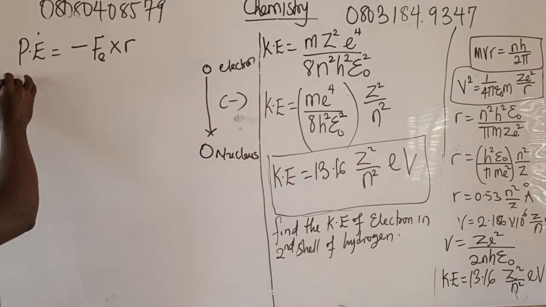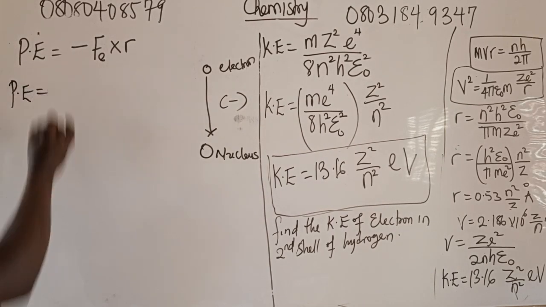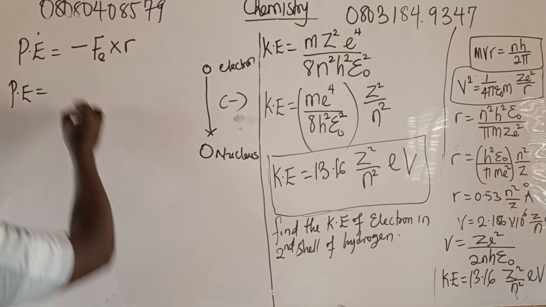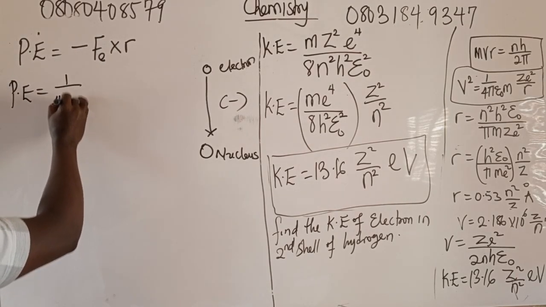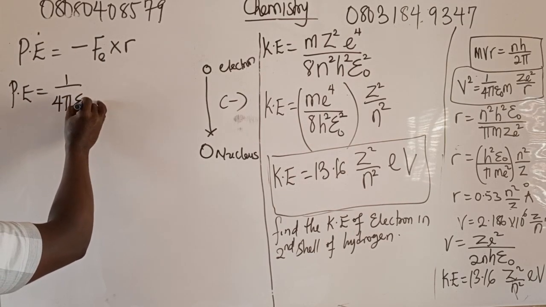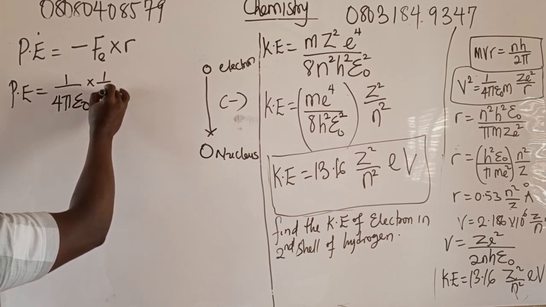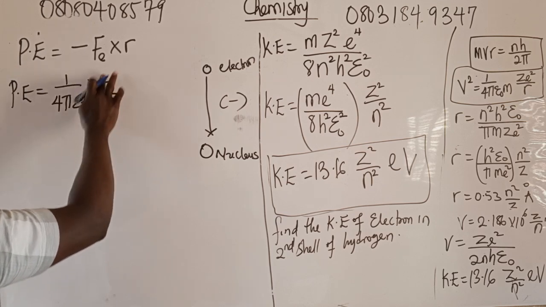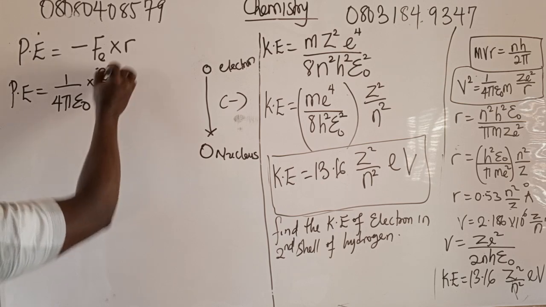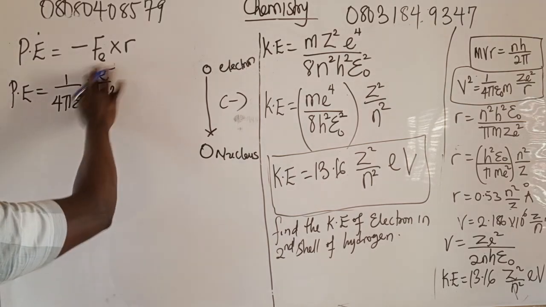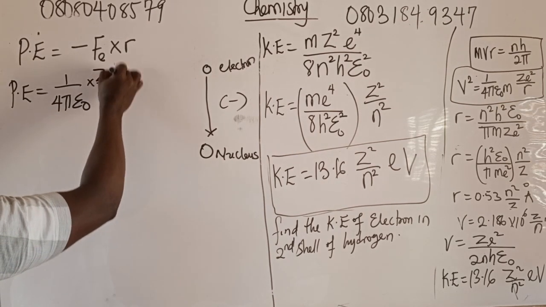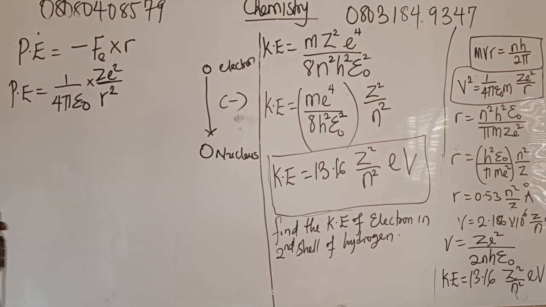And what is electrostatic force? From Coulomb's law, it says 1 over 4 pi epsilon naught times e square over r square. Don't forget, I gave you Z e square over r square.